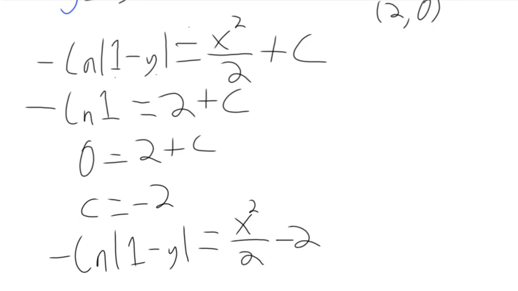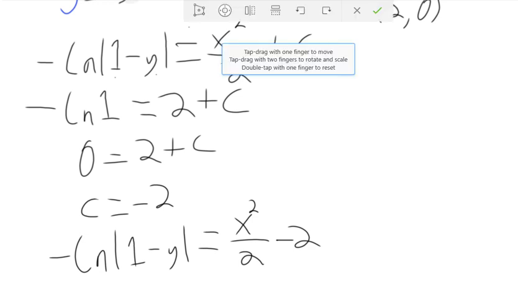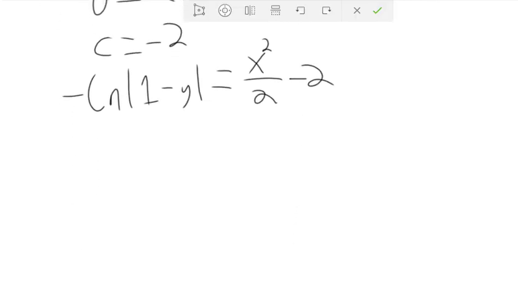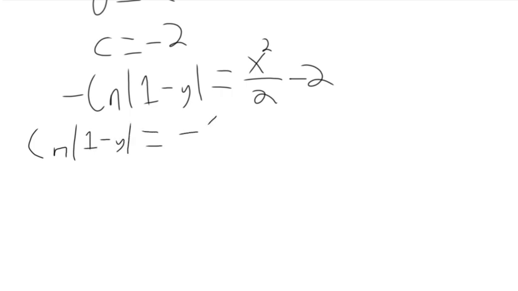Are we done yet? Might seem like it, but no, we have to solve for y in terms of x. This is an expression in terms of y, but it's not just y. So we have to do more work. First thing I'm going to do is bring the negative to the other side. I'm going to multiply both sides by negative 1. That gives me natural log absolute value of 1 minus y equals negative x squared over 2 plus 2.